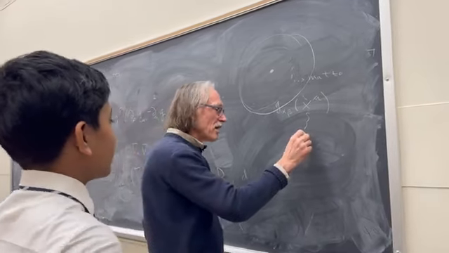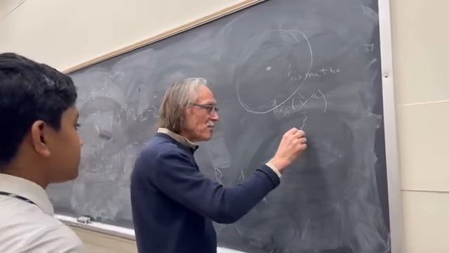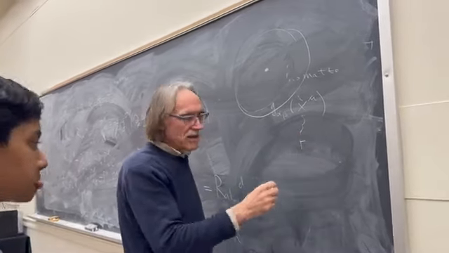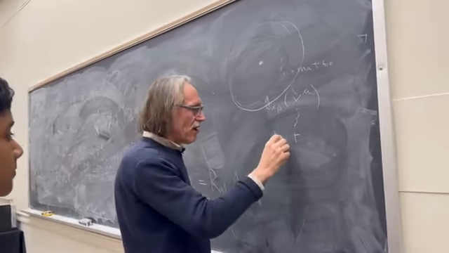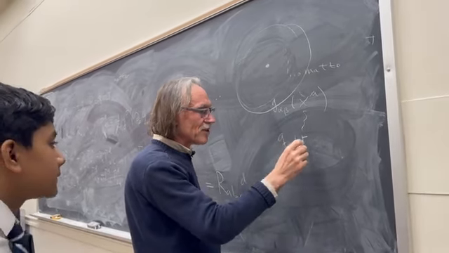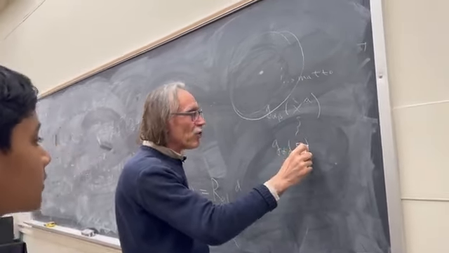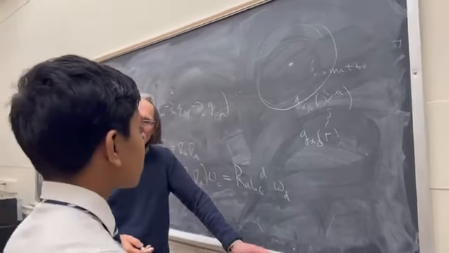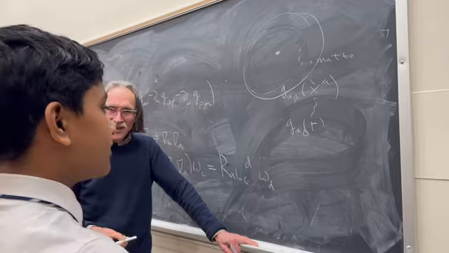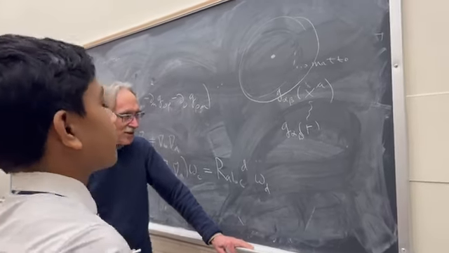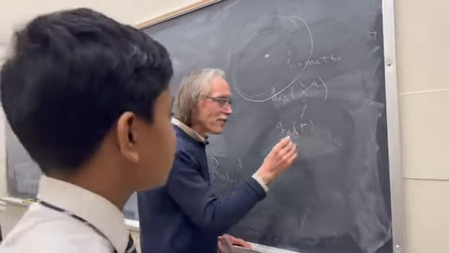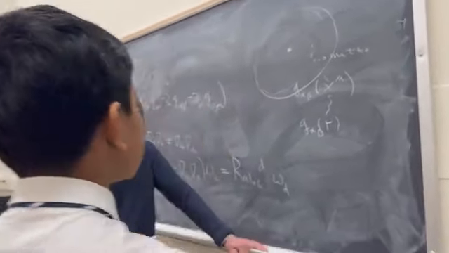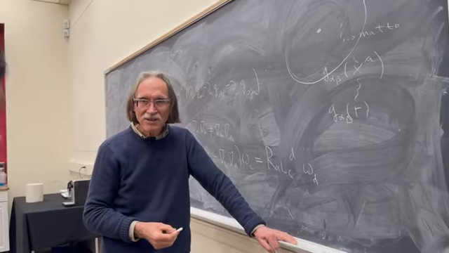It only depends on the r variable, so g alpha beta is a function of r. And what you also think is that a black hole doesn't change, so it's not a function of time. Exactly. That simplifies things a great deal.